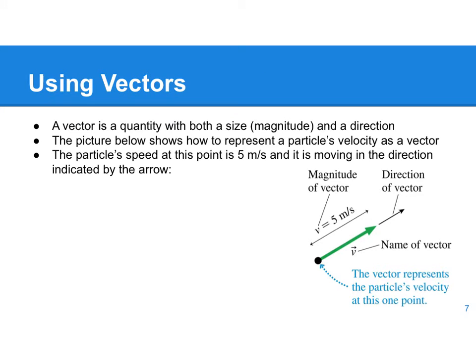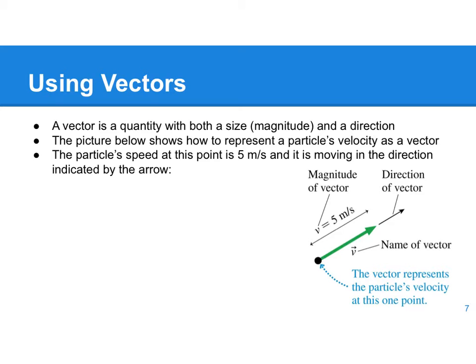So vectors, we've already been using vectors. We know that a vector is a quantity with both size and direction, so both magnitude and direction. So here below, I have a picture of a velocity vector. The size of the vector, how long it is, represents its magnitude, and the direction that the arrow is going represents the direction of the vector.